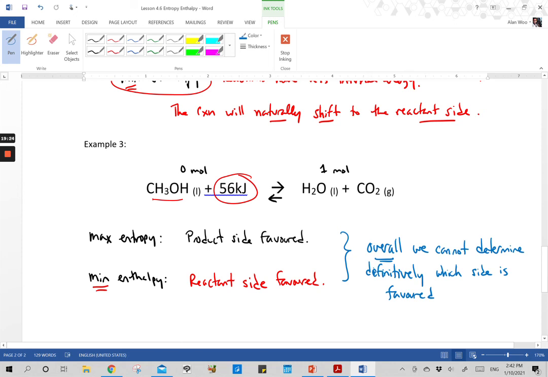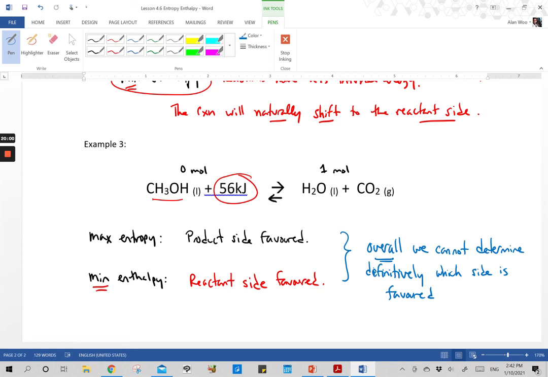Okay. We need more information. And we just don't have that given to us in the current state. So it just seems like we have, based on entropy, the product side is favored, but based on enthalpy, the reactant side is favored. So when we have these two natural forces on either side, overall, we cannot determine which side is normally favored at equilibrium. We'll actually need to run some more tests and look at some other factors in order to figure that one out.